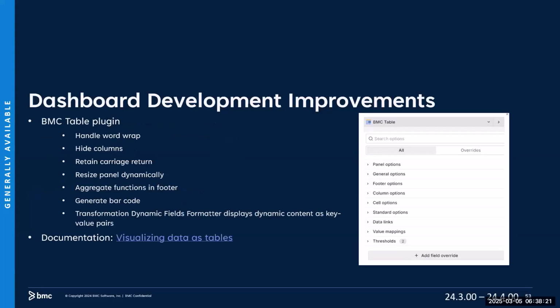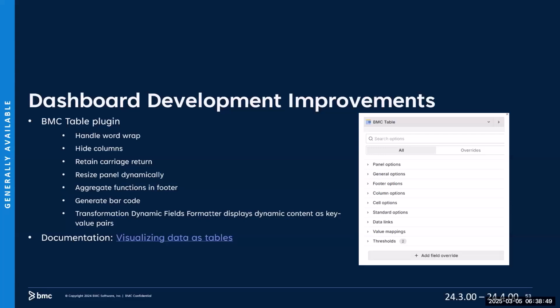BMC table plugin is a plugin we developed for the specific needs of our customers. So this is an enhancement over the Grafana out-of-the-box table plugin. We have introduced a number of usability improvements over the past few releases so that you should find it easier to use BMC table rather than the Grafana table plugin.